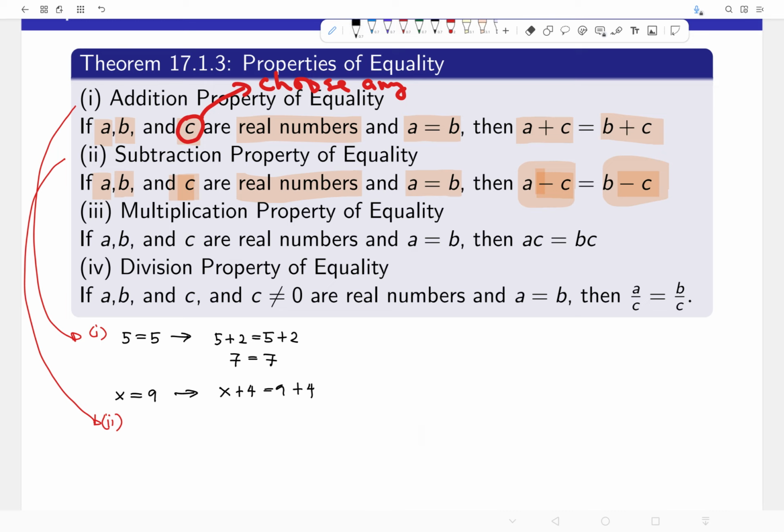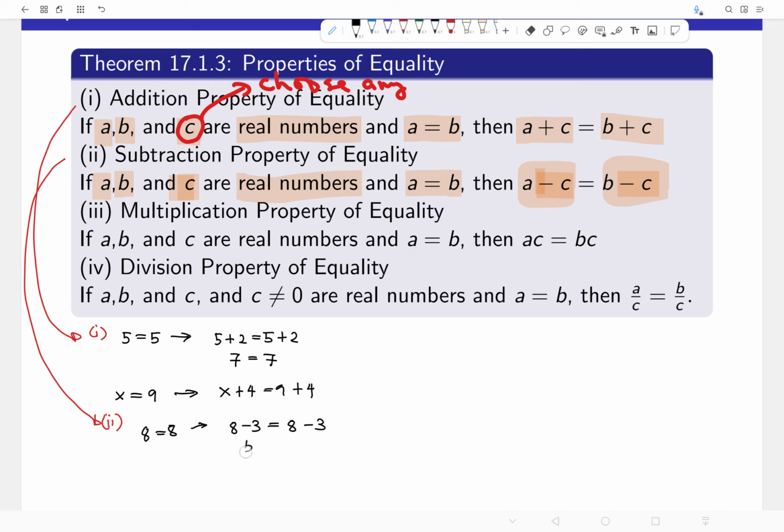For example, if you have 8, of course, we know 8 is equal to itself, right? Now if we subtract, let's say, 3 from both sides of the equation, so 8 minus 3, the left is equal to the right.